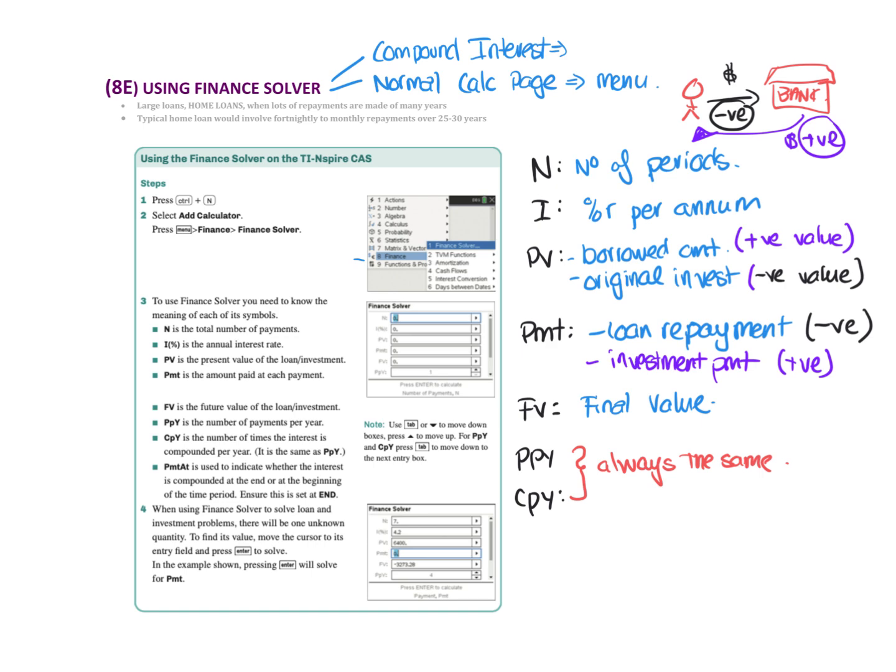When you click in 12 for the PPY, the calculator automatically flicks the CPY to 12, but you can go in and override it. We don't ever need to do that, but in real life, you may. The PPY is when you would be making payments, and the CPY would be the compounding interest. We always match them up, but in real life, if you wanted to change it, you can.